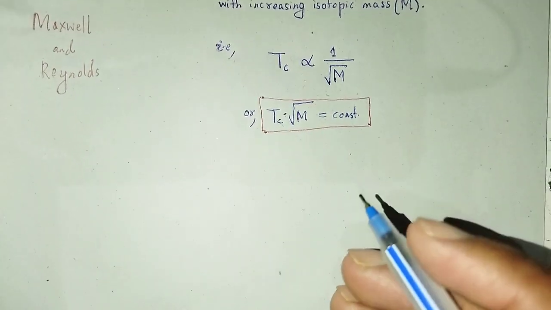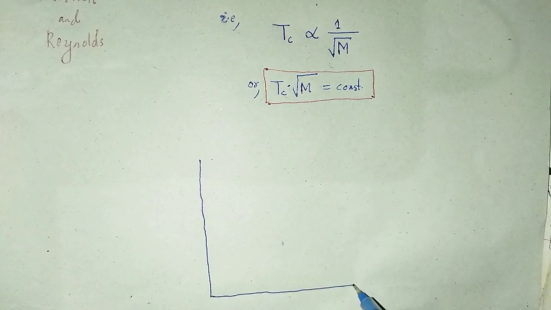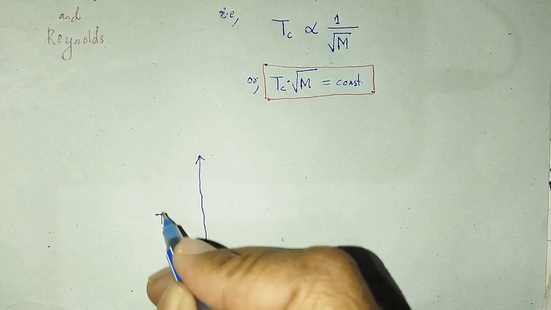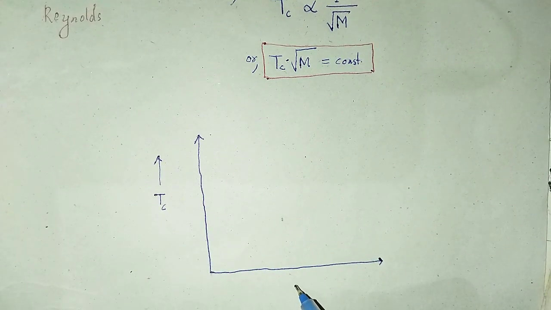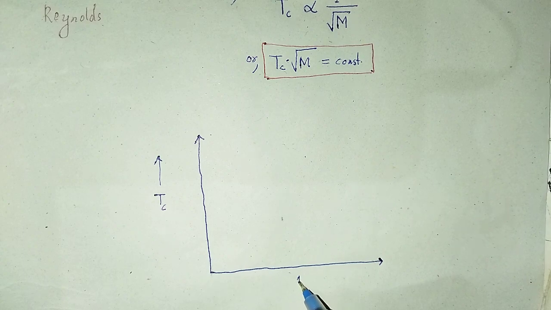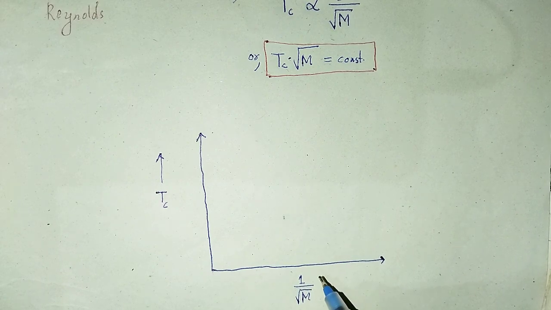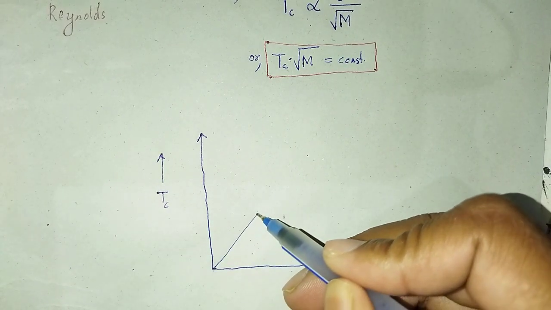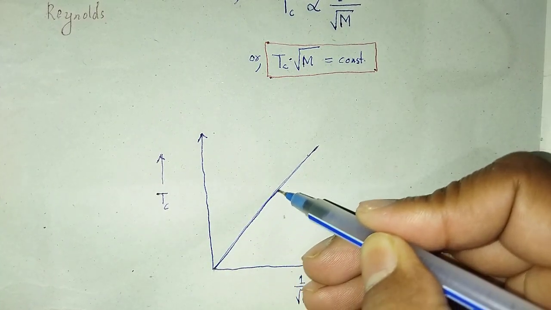If we plot a graph with critical temperature along the y axis and 1 by the square root of M, the inverse square root of isotopic mass, along the x axis, then we obtain that kind of graph.